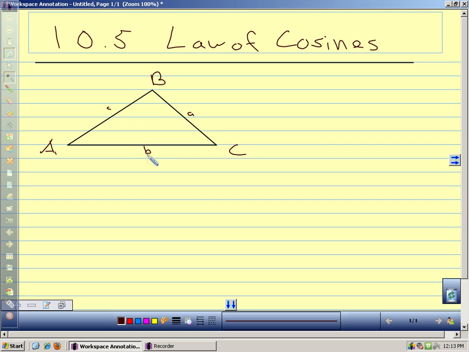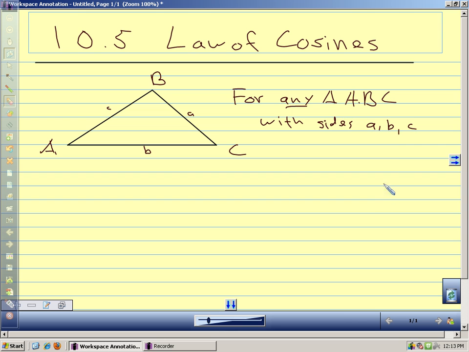And law of cosines says for any triangle ABC, with sides small a, small b, small c, we have three equations.